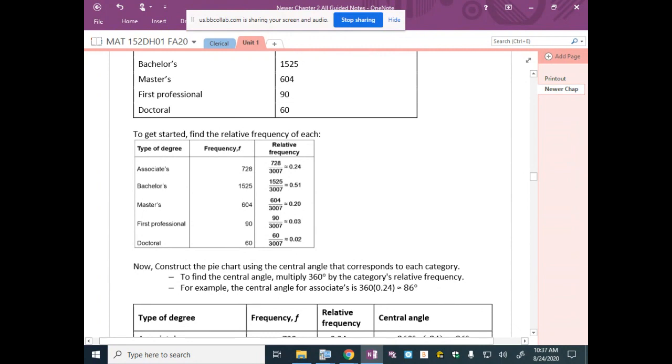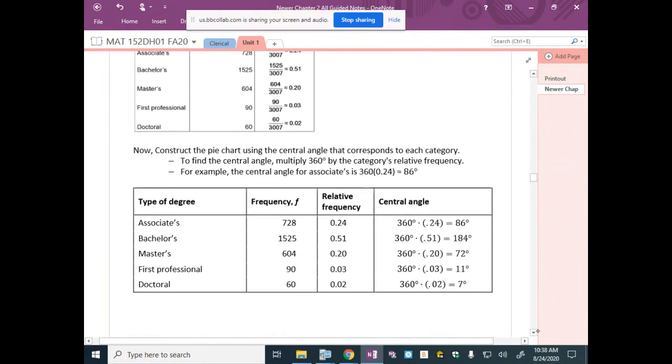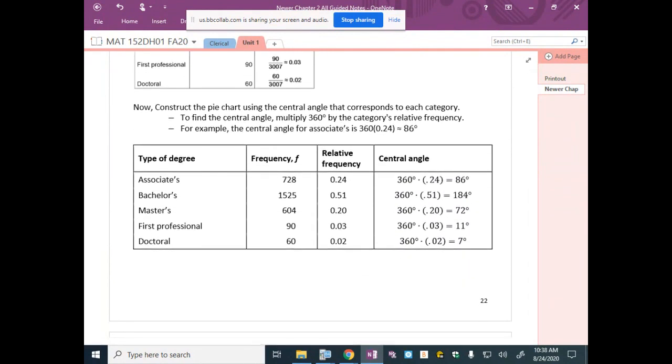So, first thing you do is you find the relative frequency of each. So you have to add that up. Now, an example like this wouldn't happen. Whenever I come up with the examples, it's going to be a nice clean number, and the relative frequency will be a nice terminating decimal for each of these. Then you take each relative frequency and multiply it by 360 degrees to get the corresponding central angle, and just round to the nearest degree.